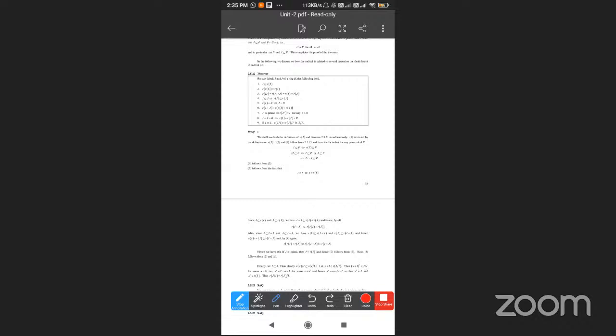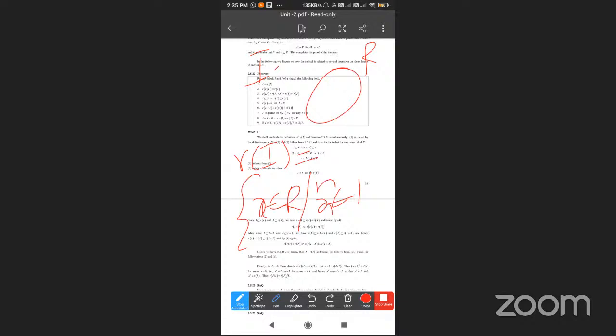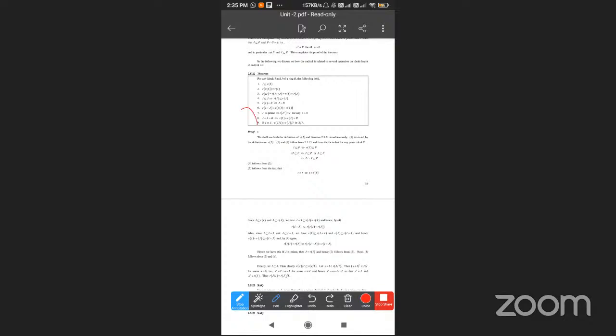R is a ring, I is an ideal of R, and the radical of I is the set of all x belonging to R such that x to the power n belongs to I for some n greater than 0. The radical of I is the smallest ideal containing I. Therefore, the radical contains I trivially, by the previous part.